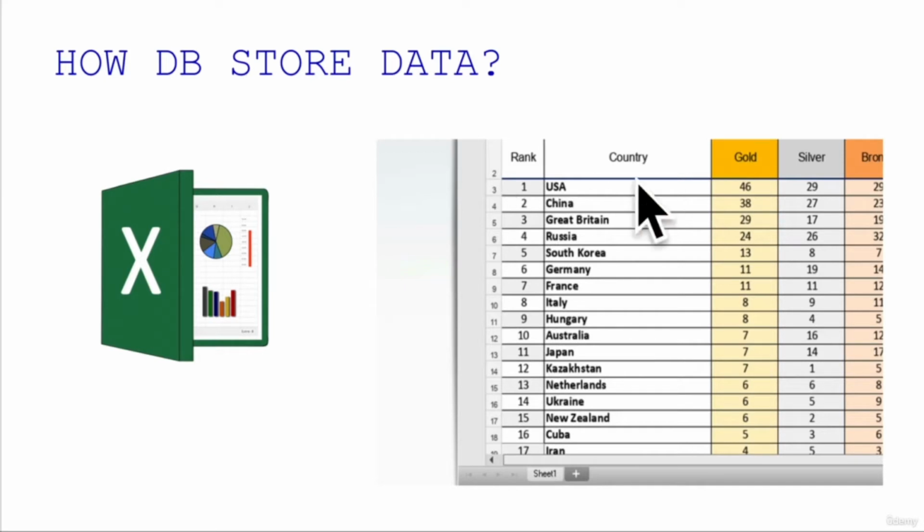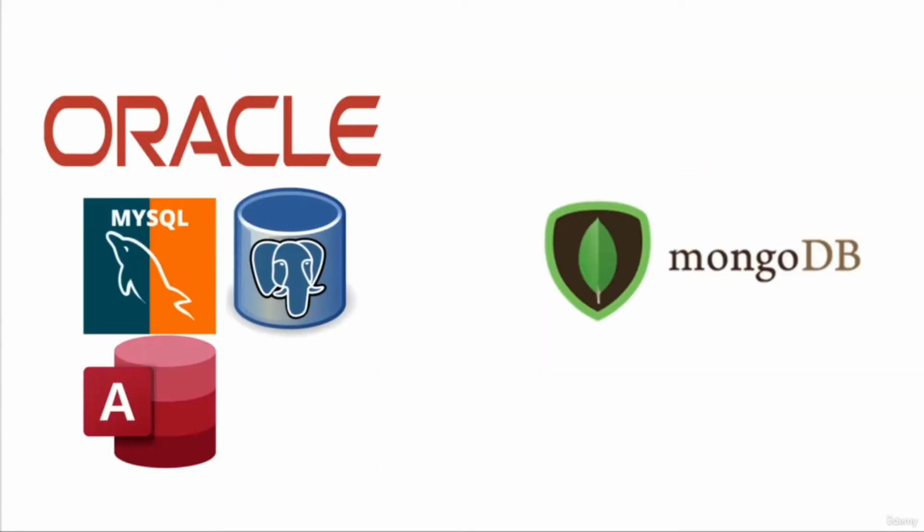A row can be uniquely identified in a database table. Each column in a row will have a data type defined for it. For example, if we convert this spreadsheet into a database table, then we define a data type of string for country and number for gold.